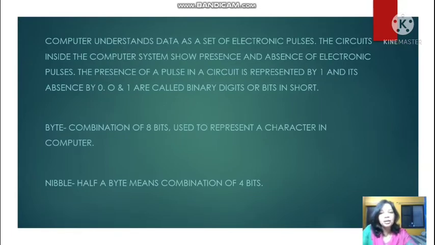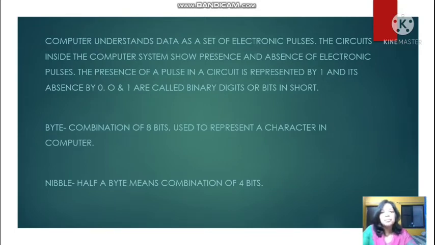It has to be converted to machine language. Electronic pulses are there internally in the computer, so the presence of a pulse in a circuit is represented by 1 and its absence by 0. And 0 and 1 are called binary digits, or bits in short.